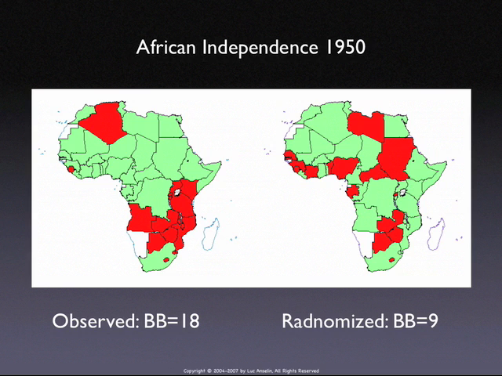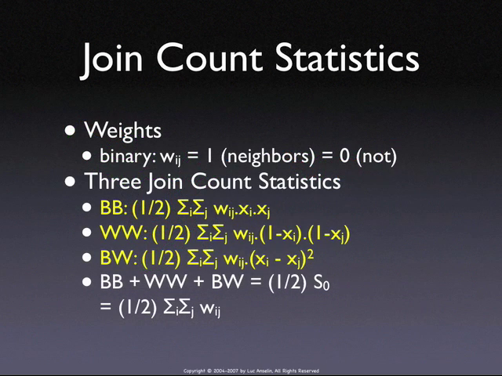So we're counting the number of times that two of these red ones border each other. So these ones are out, and it's all happening in here. We get a total of 18. If we do it randomly, we get a total of 9. So then what we want to do is do this many, many times, and then be able to conclude, is this significant or not? Before we do that, let's get the formal expressions down.